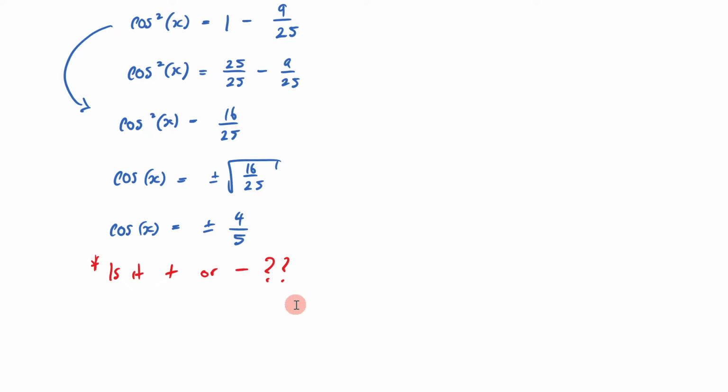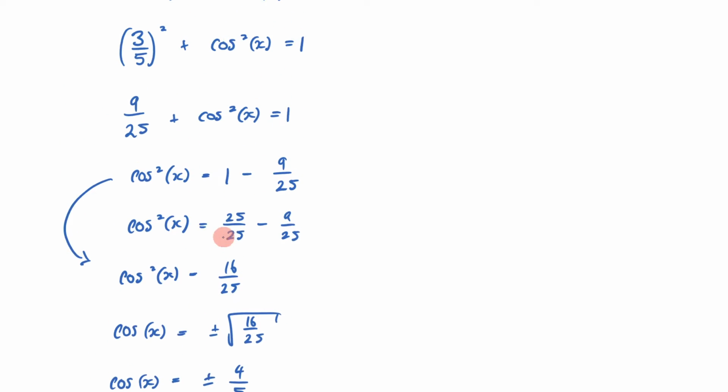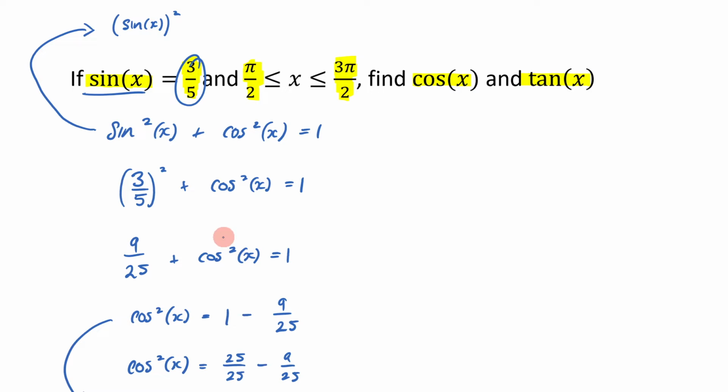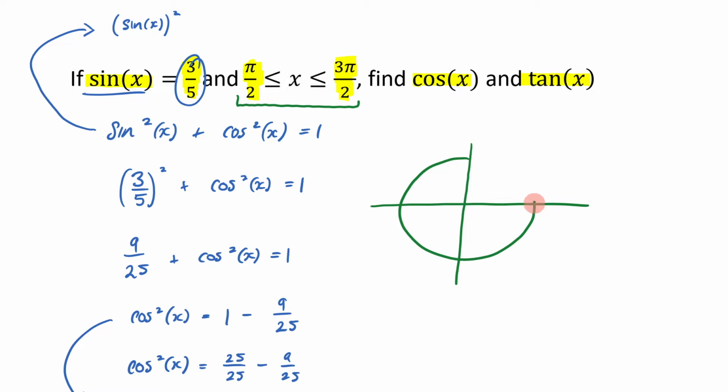Okay, so how can we determine whether it's positive or negative? To do this, what we're going to do is consider the domain that we've been given. So you want to come up here and look at the domain that we've been given. If we draw our unit circle here, it doesn't have to look good, just a real rough run. We're going from pi on 2 to 3 pi on 2.